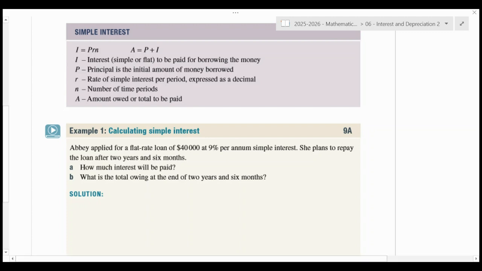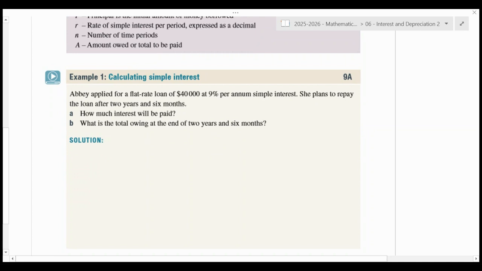So here we go. Abby applied for a flat rate loan, so $40,000 at 9% per annum simple interest. She plans to pay the loan off. So we're going to use our formula, I = PRN. In this particular case, our principal is 40,000.